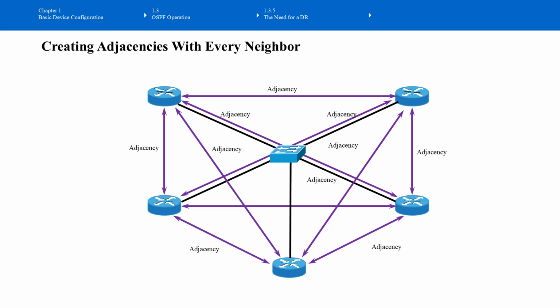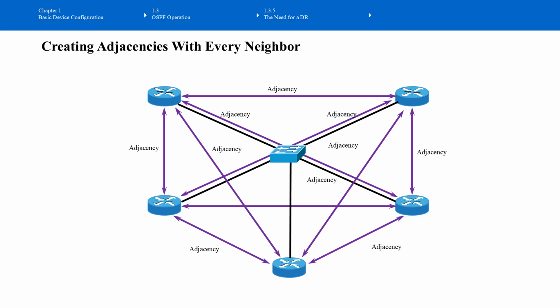This figure shows 5 OSPF routers connected to the same Ethernet network. Notice the purple arrows. Each arrow represents an OSPF adjacency between two routers. Without a designated router, every router forms a full adjacency with every other router.